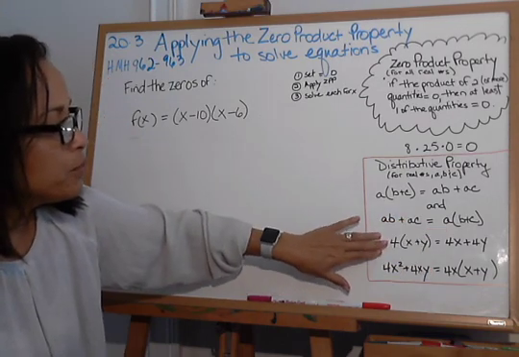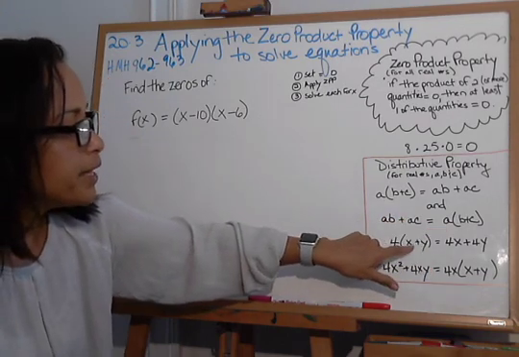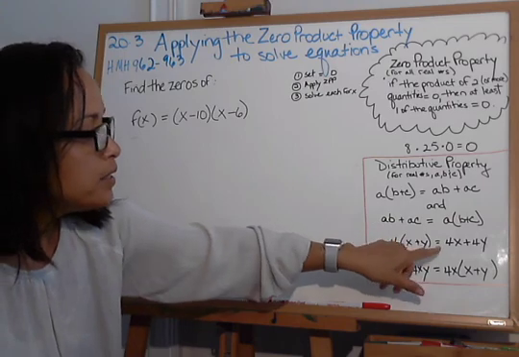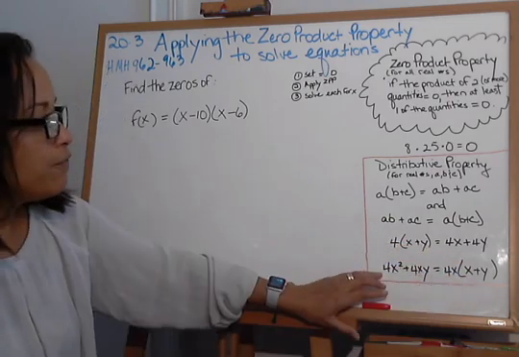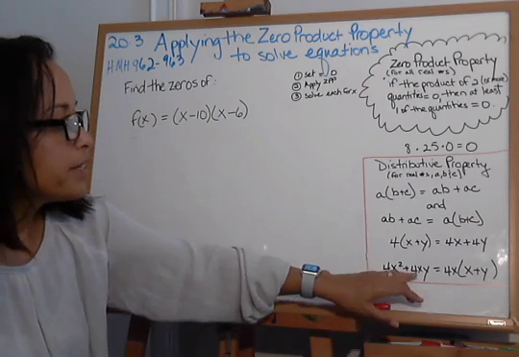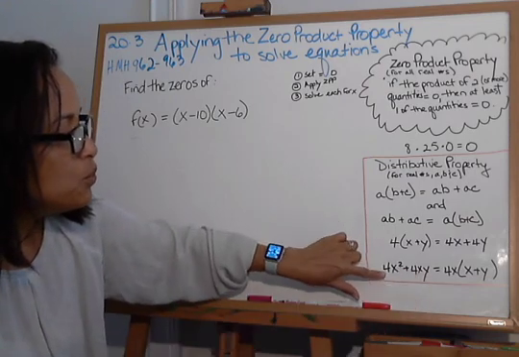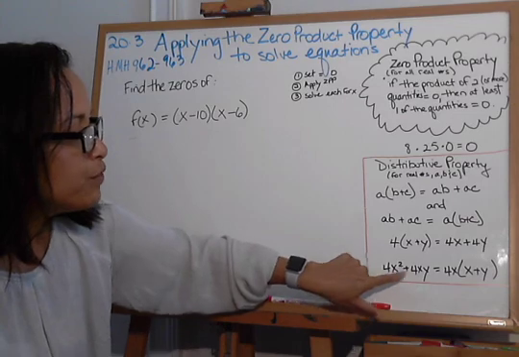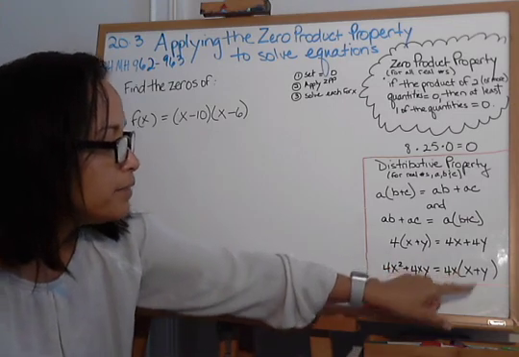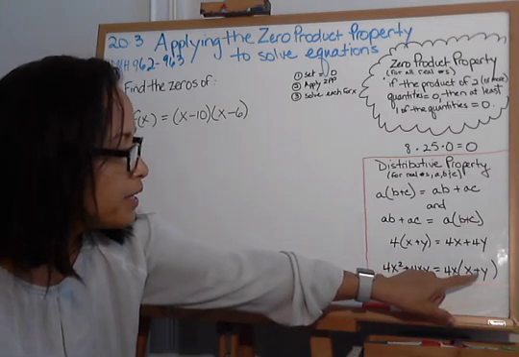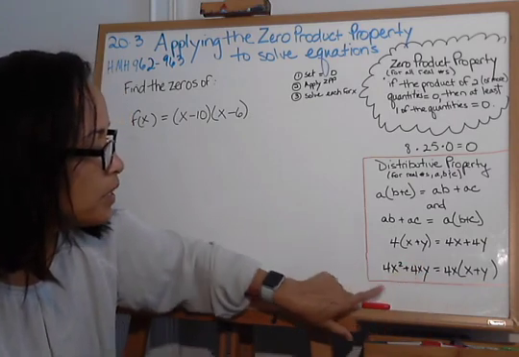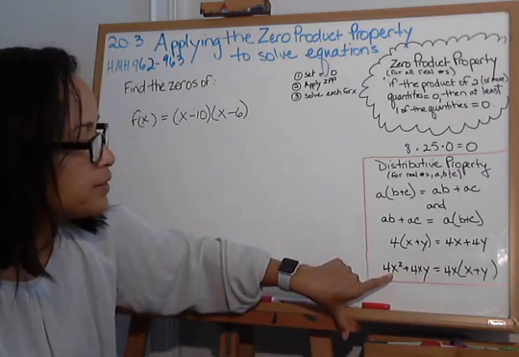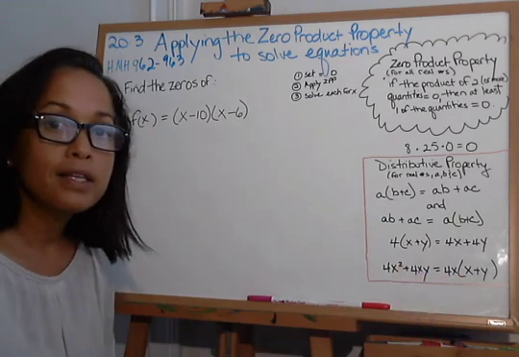Let me do it with numbers. 4 times the quantity x plus y is equal to 4x plus 4y. And here I have 4x squared plus 4xy. I can remove the 4x that both of these quantities have and multiply it by what's left, x plus y. If I take out the 4x here, all I have is y. And if I take out the 4x here, I have just one x left over.